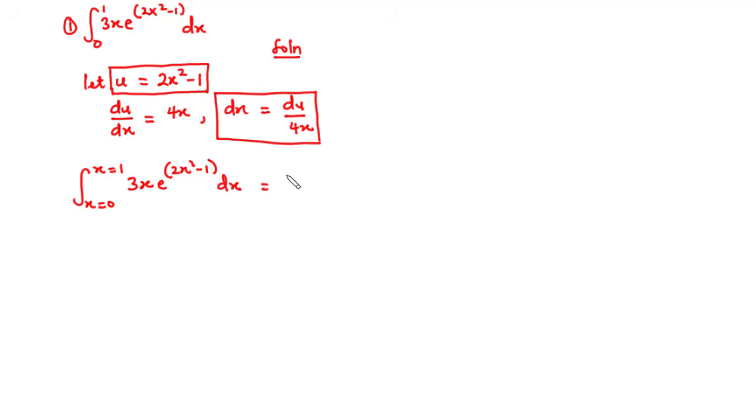Let's substitute u and dx into this integral. So we have 3 times x times e to the power u times du divided by 4x. Now let's proceed. x cancels out x, and then we have 3 divided by 4, that is a constant, so we can pull that one out.